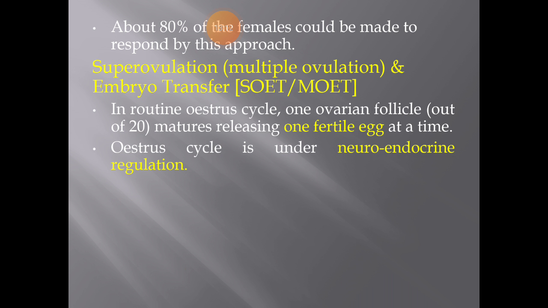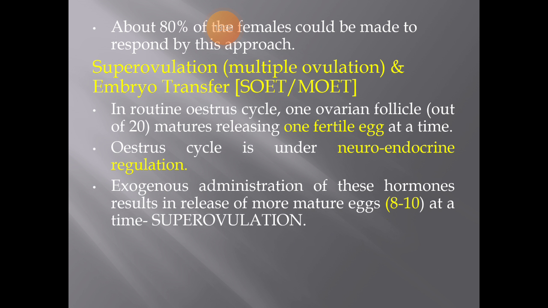And please note, whether it is the estrus cycle in non-primate female mammals or the menstrual cycle in primate females, both processes are under neuroendocrine regulation, that is hormonal control: hormones from the ovary, pituitary, and neurohormones.